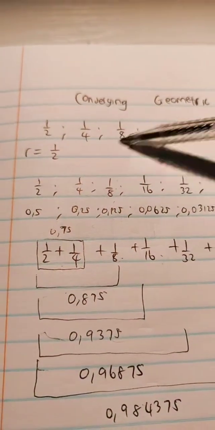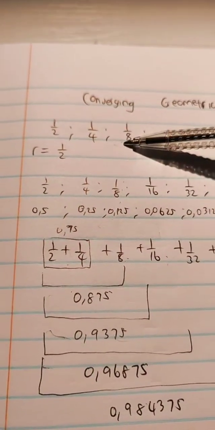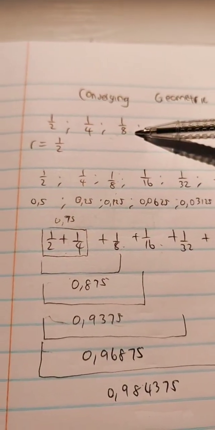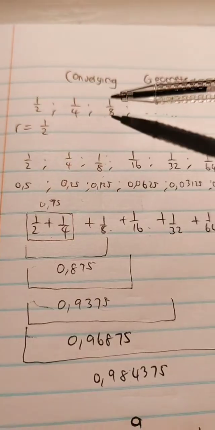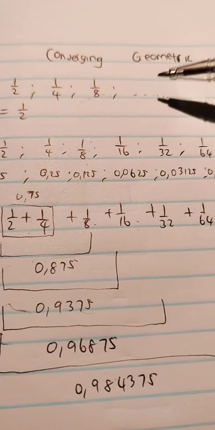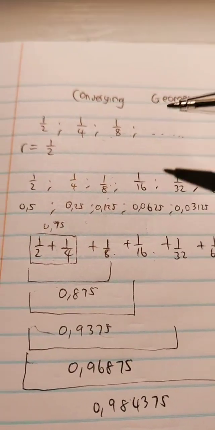Okay, then we use this formula. All right, so this is very important. A convergent geometric series. As I said, the terms of this particular geometric sequence just get smaller and smaller, approaching zero.